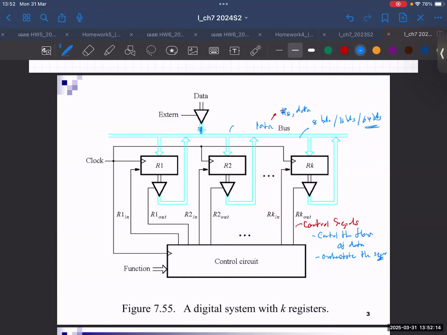Move data from one register to the other, or swap the data between registers. Okay, so that is the job that this digital system can do, and it cannot do anything more than that. This comes from the requirements. Of course, if more is required, then the complexity will go up.